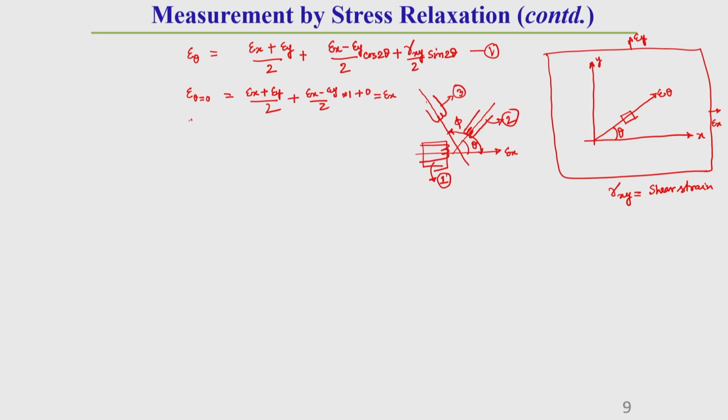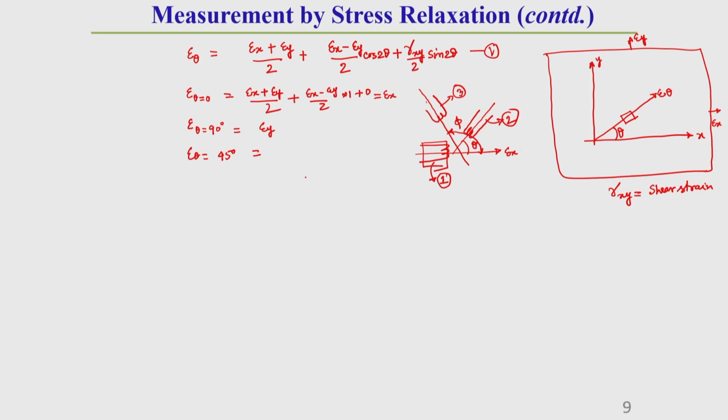Similarly, if we use another strain gauge with theta equal to 90 degrees, in this case we will get epsilon y, correct. Now let us take another angle, theta equal to 45 degrees. In this case we will get another relationship.